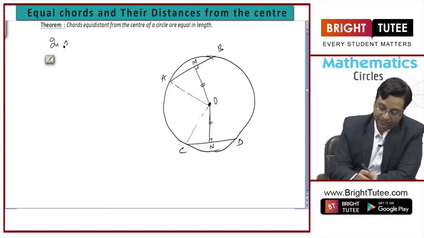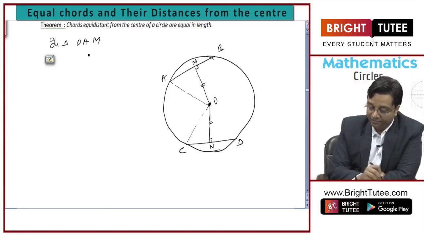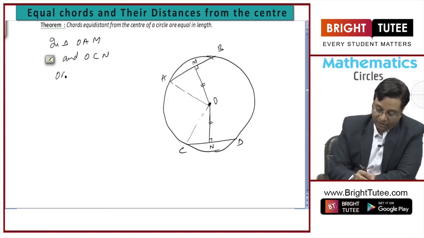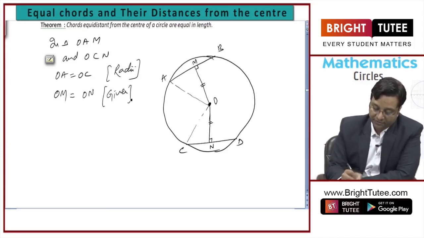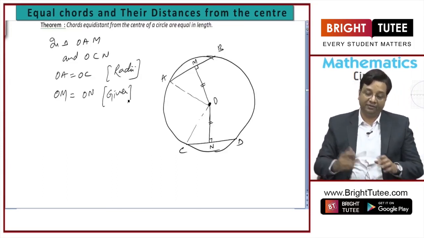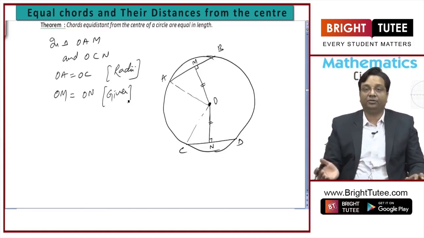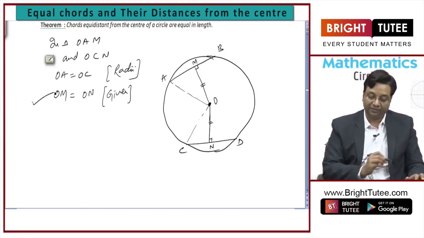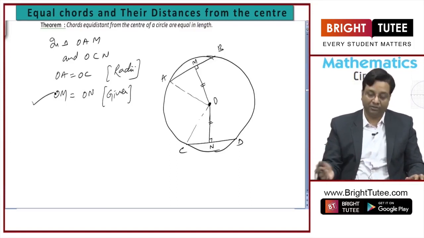So in triangle OAM and OCN, you can see OA is equal to OC, right, because these are radii, and OM is equal to ON. It is equidistant, so it is given. In this case we are taking it as given, and we will show that AB will be equal to CD. So let us take it as given fact, and then we need to show that AB is equal to CD.